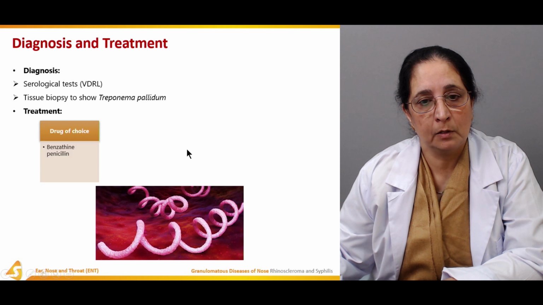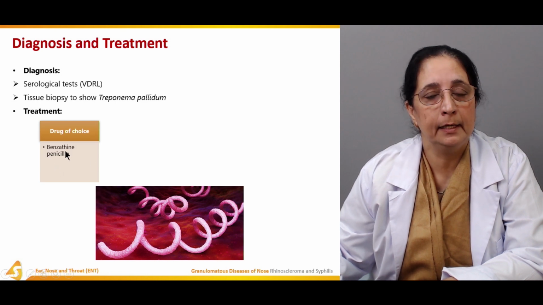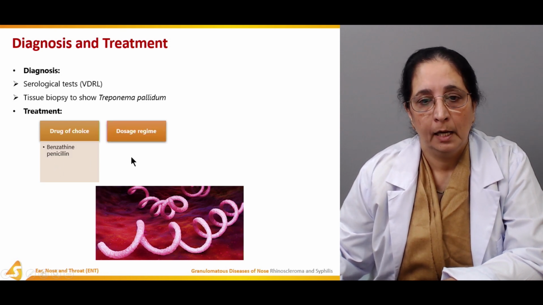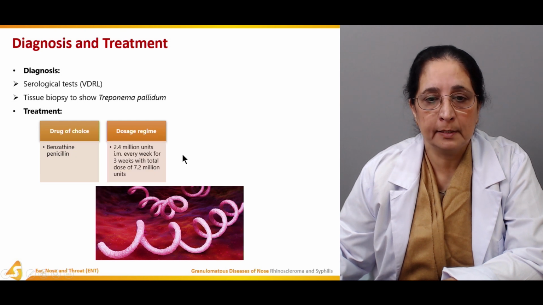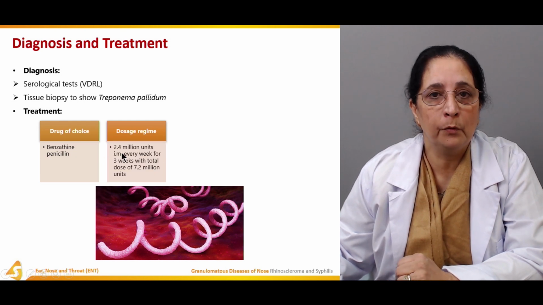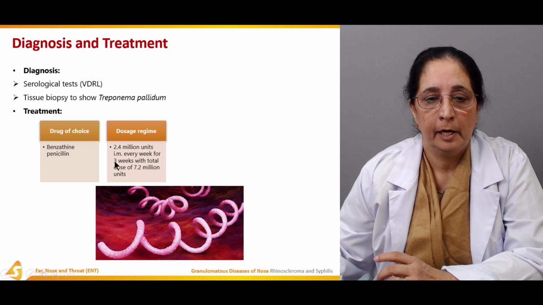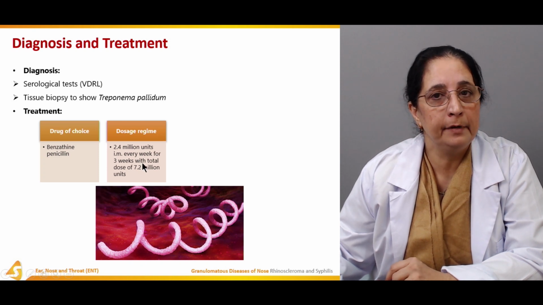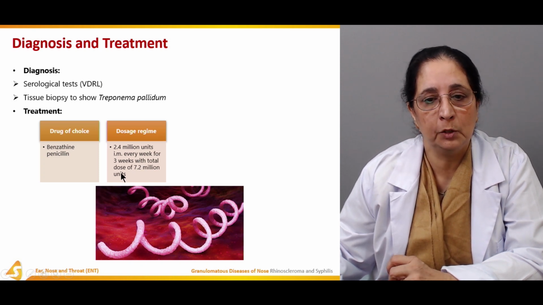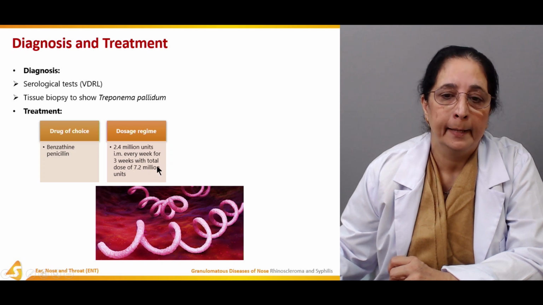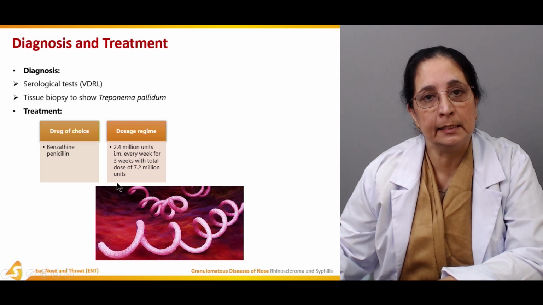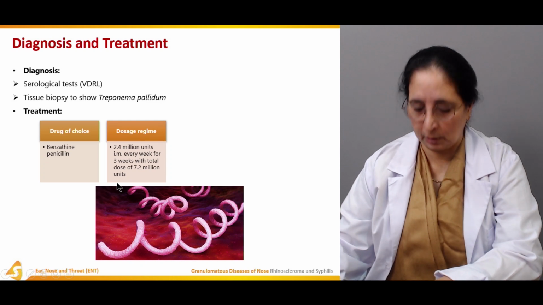For treatment, the drug of choice is benzathine penicillin. The dosage regimen for syphilis is 2.4 million units intramuscularly every week for 3 weeks, with a total dose of 7.2 million units. Benzathine penicillin is the drug of choice.